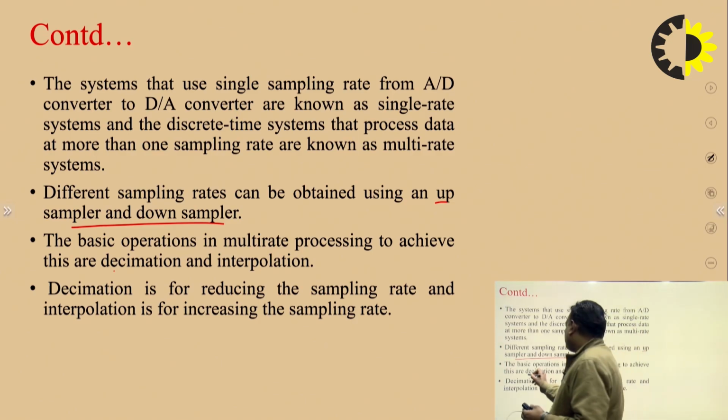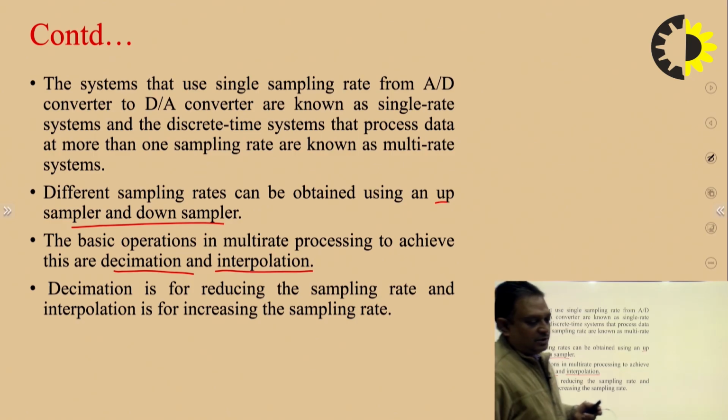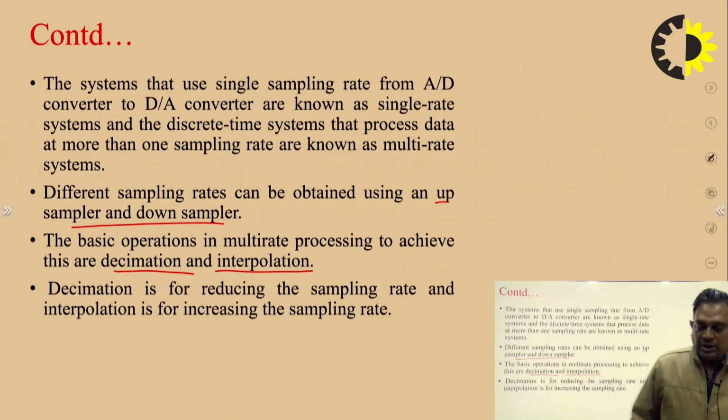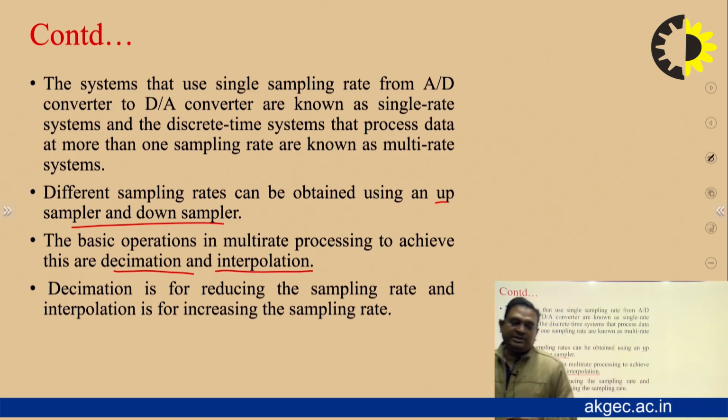If we want to reduce the sampling rate from a given rate to a lesser rate, the process is called decimation, and if we want to increase the sampling rate, the process is called interpolation.